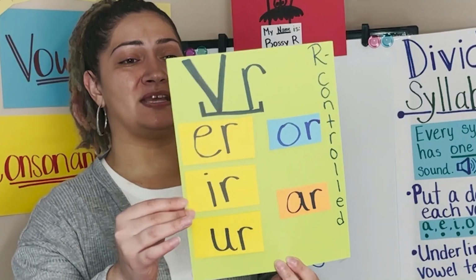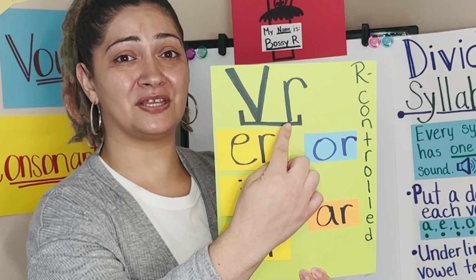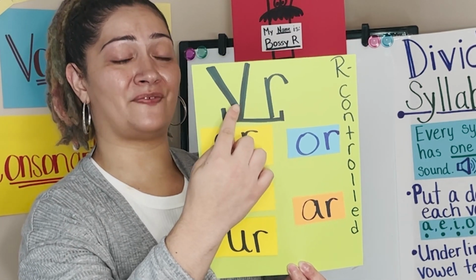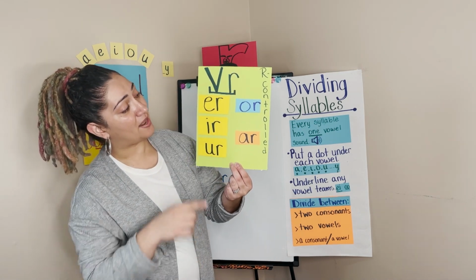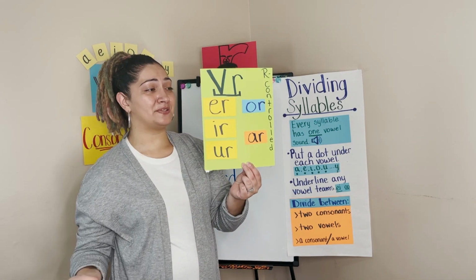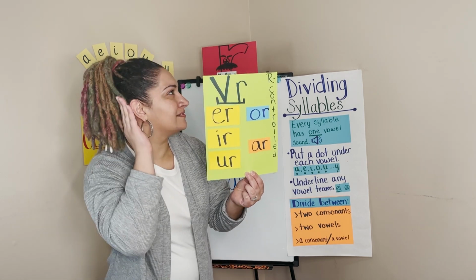So when we see a vowel and an R right after it in a word, we know that this R is controlling the vowel in the sound that it's going to make. Whenever we see ER, IR, or UR, they're always going to make the sound. What sound are they going to make?